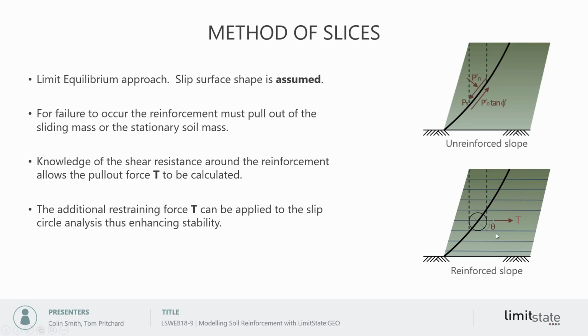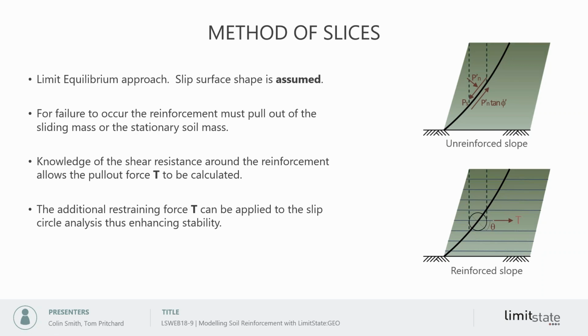And it may be that the reinforcement pulls out of the soil behind the slip surface, or actually it stays within the soil there and gets pulled out in the body of soil at the front. But either way, the relative interaction is the same, and we can model that in a fully general way.